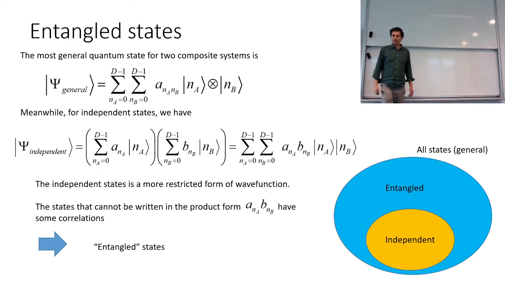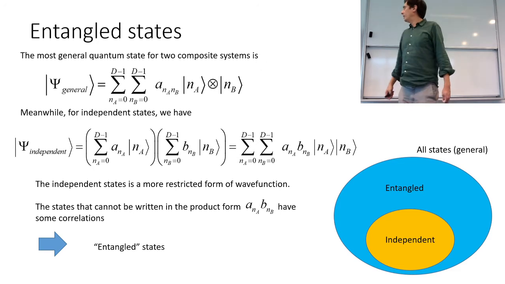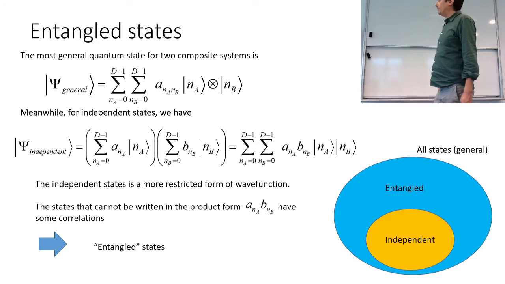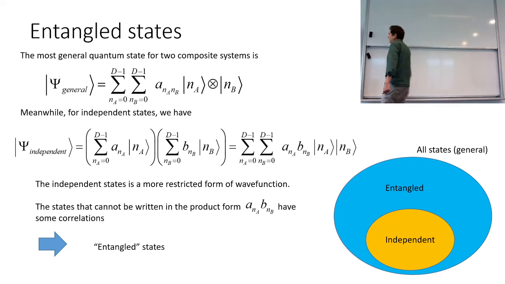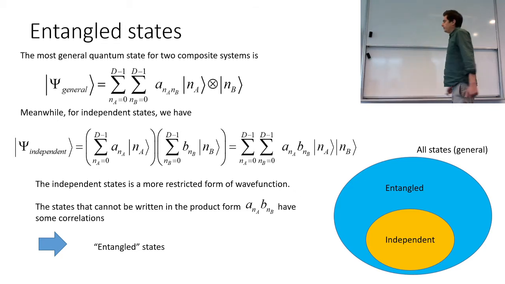So actually, the definition in terms of pure states is pretty simple. We're only dealing with pure states in this course. So basically anything that's not that form is entangled. Definition is simple enough.